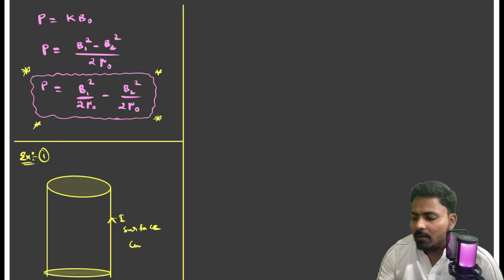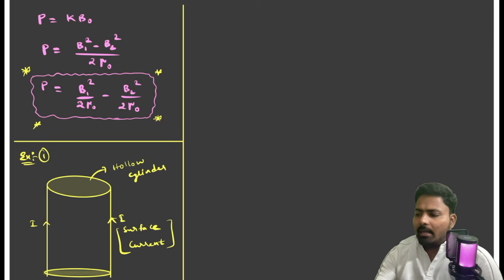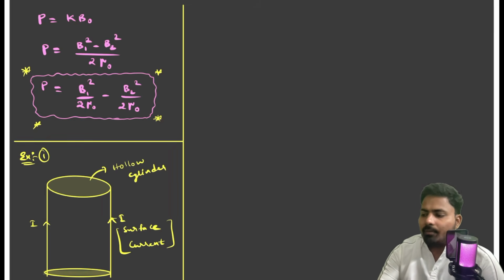On the surface of this hollow cylinder, it is carrying a uniform current I on the entire surface. Now we need to find the pressure that is experienced by this hollow cylinder.